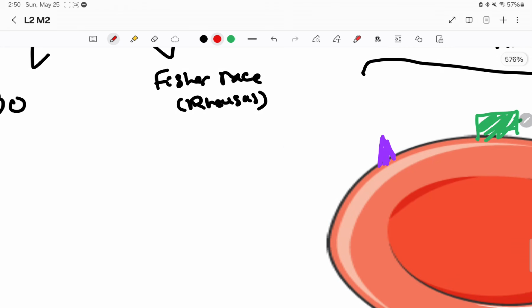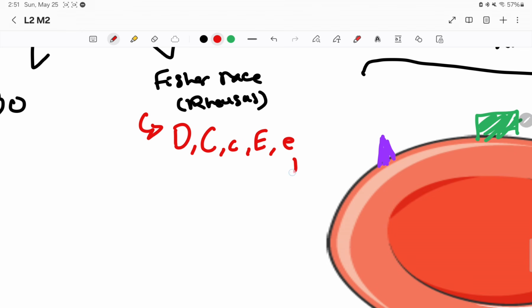Now, the Fisher-Race system describes multiple antigens. In fact, the Fisher-Race system describes upwards of 50 blood antigens. However, there are 5 primary or important ones. It starts out with the big D antigen, then the big C, then the little c, then the big E, and then the little e.